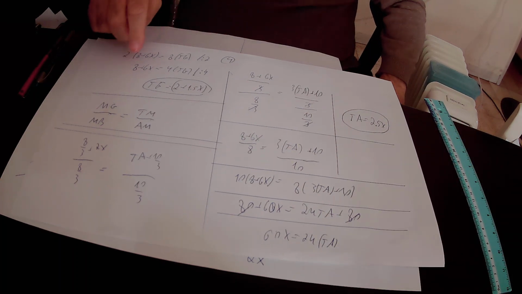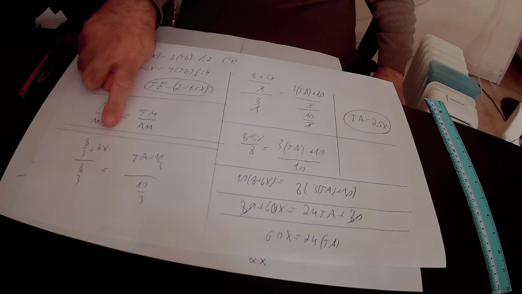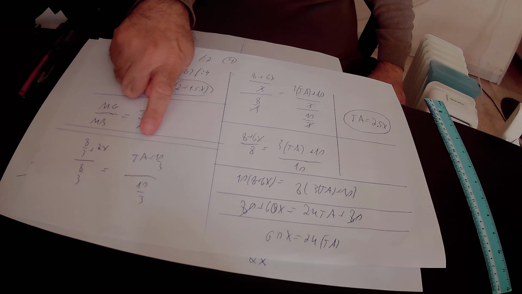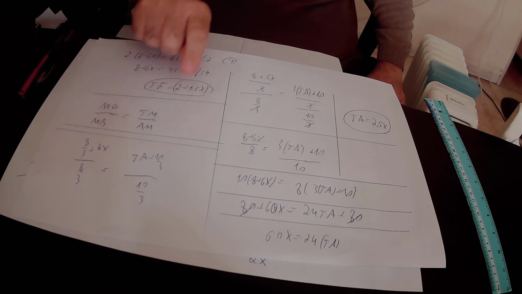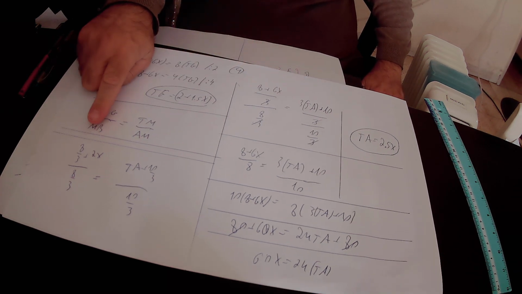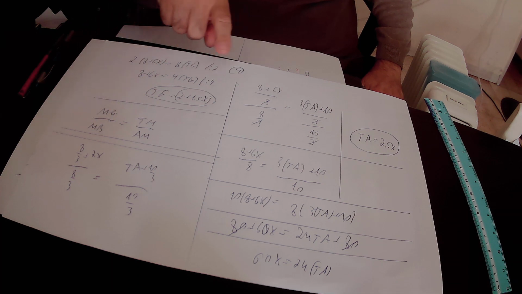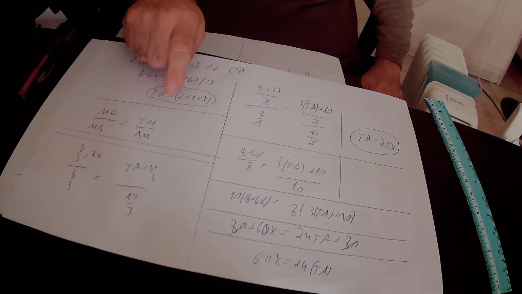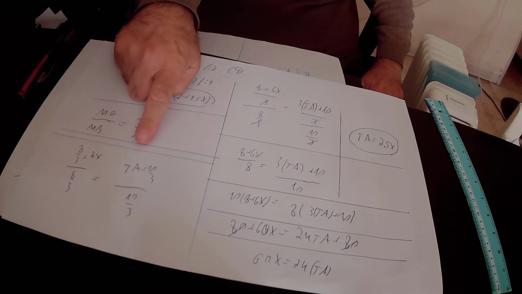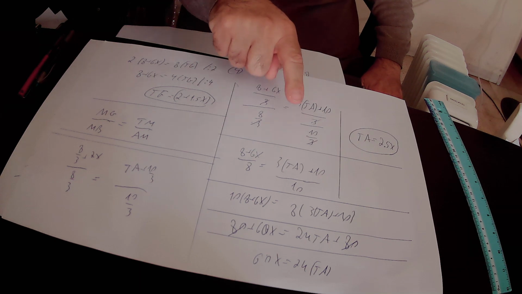So here we multiply 2x by 3 and then divide by 3, and here also we multiply TA by 3 and then divide by 3. So in the numerator we have 8 plus 2x times 3, which is 6x. In total, in the numerator we have (8 plus 6x) over 3 over 8 over 3, and there TA times 3 is 3TA plus 10 over 3 over 10 over 3.